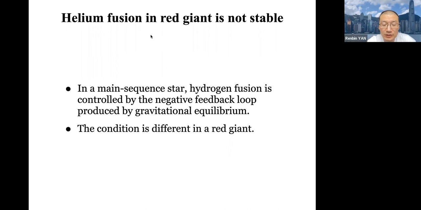So there was a question: is the star hotter in the core but cooler on the surface? That's right. A red giant is hotter in the core compared to a main sequence star, but it's cooler on the surface. It is hotter in the core, so there's actually higher energy production. So that's why its luminosity is higher, right? But the heat couldn't get out so easily.